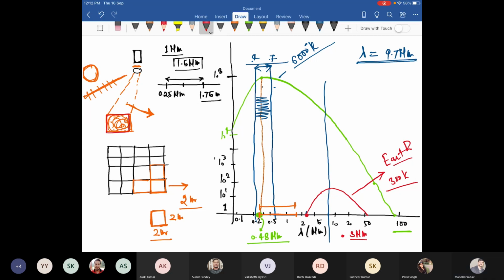The energy which is outgoing from the surface area in the field of view of this sensor, is that reflected energy or radiated energy? Both components will be there, reflected plus radiated.